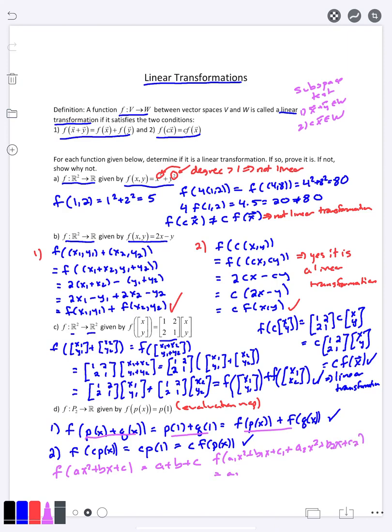If you plug in 1, you get a1, b1, c1, a2, b2, c2, and so on. So there's different ways to handle these polynomials, but using the function notation here, I think that's probably the cleanest way to do those problems. But really, as long as you're getting the work, that's fine by me.